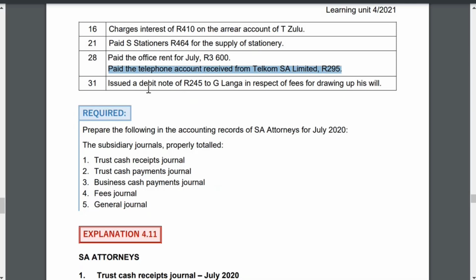Number 31, issued a debit note for 245 to G. Langa in respect of fees for drawing up his will. Transaction 31.